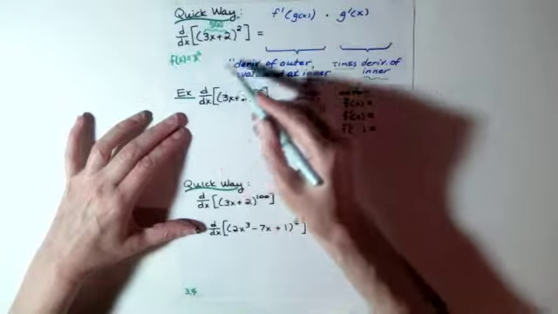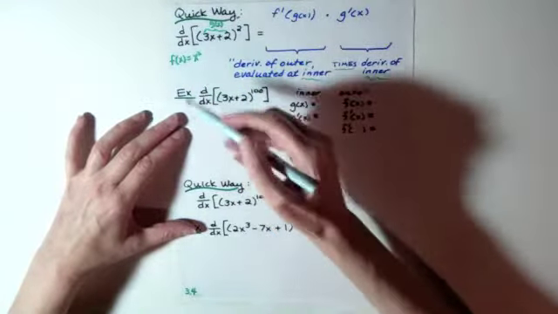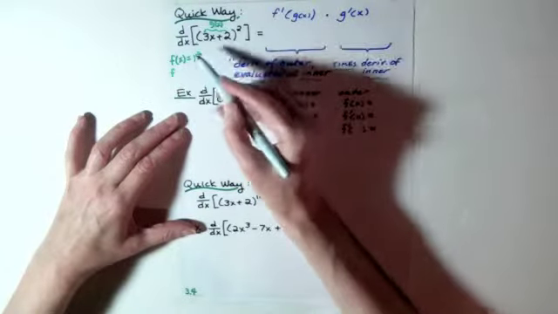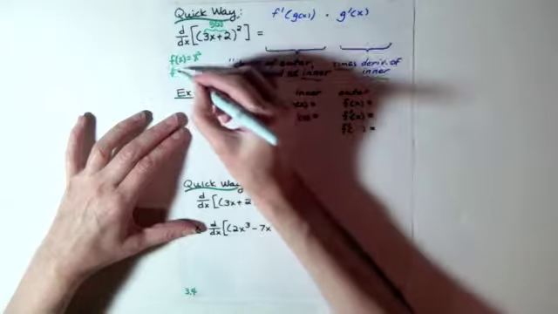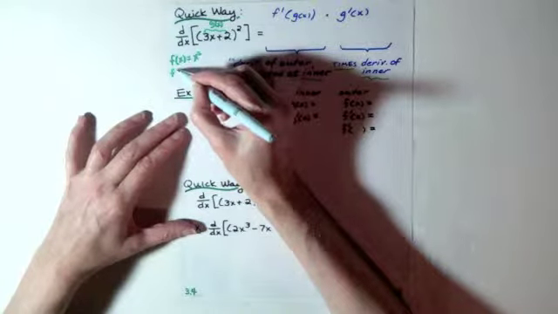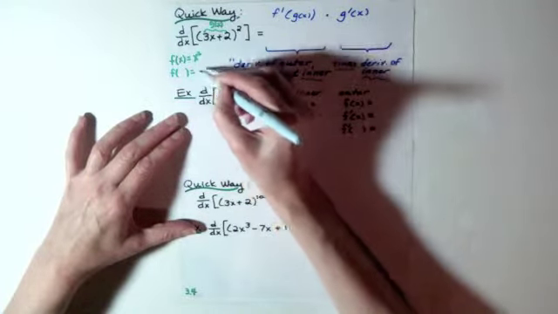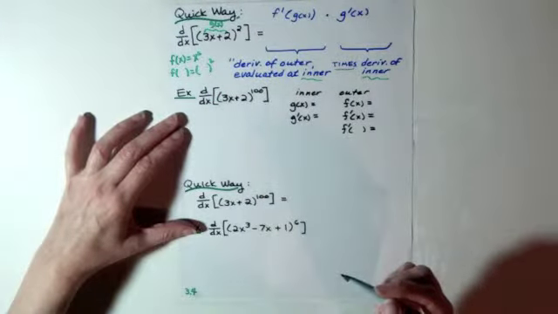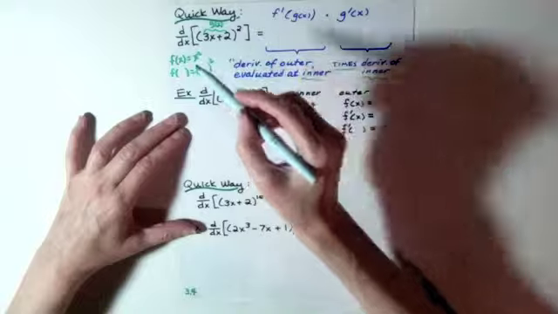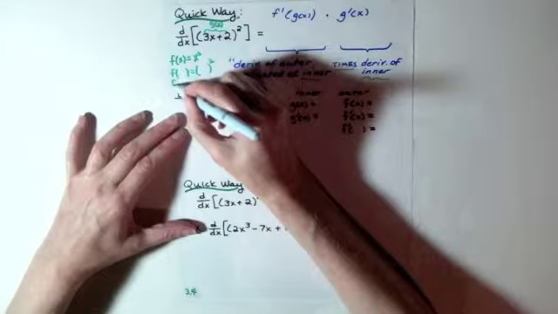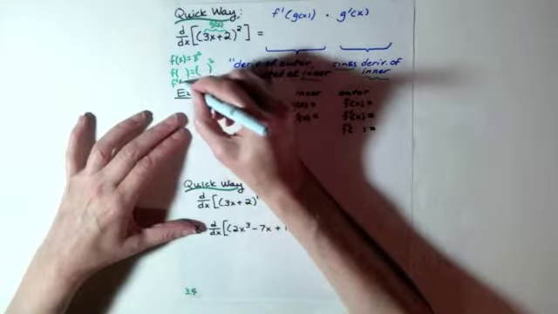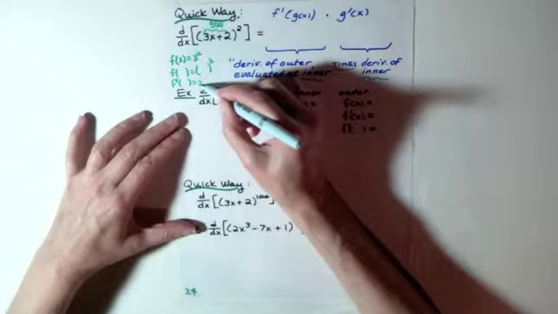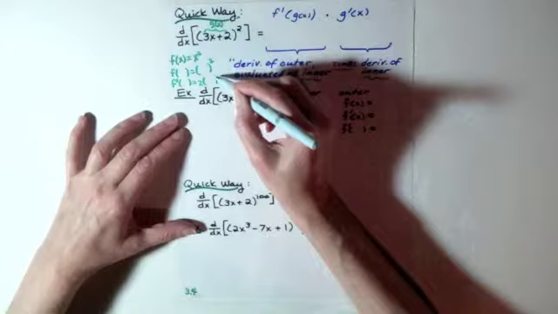So we won't even write this stuff down that I'm writing in green, but if you think of the outer function as x squared, then think about taking the derivative of that outer function. I'm going to write the outer function with empty parentheses. Remember, the derivative of f of x is 2x, so if I wrote the derivative with empty parentheses, what would I be doing? I'd be pulling down the 2 and raising this now to the first power.